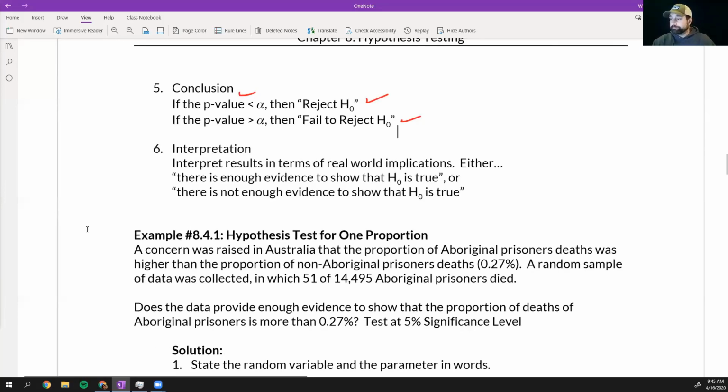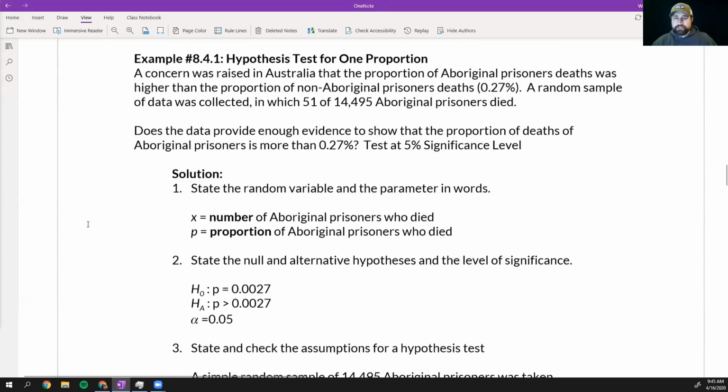So here's an example. This was in the examples we used previously, but now instead of finding a confidence interval, we're now finding a hypothesis. We're now going to make a hypothesis and see if our hypothesis can be rejected or failed to reject.